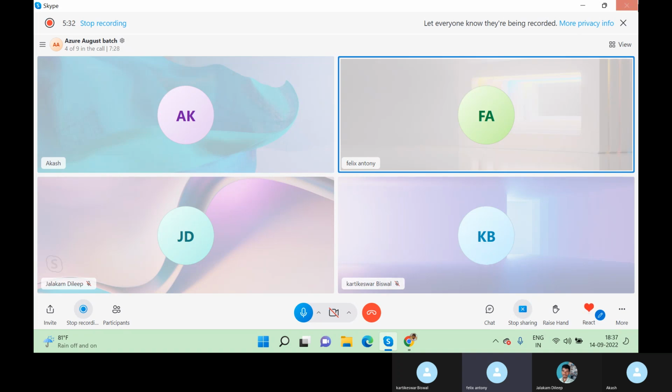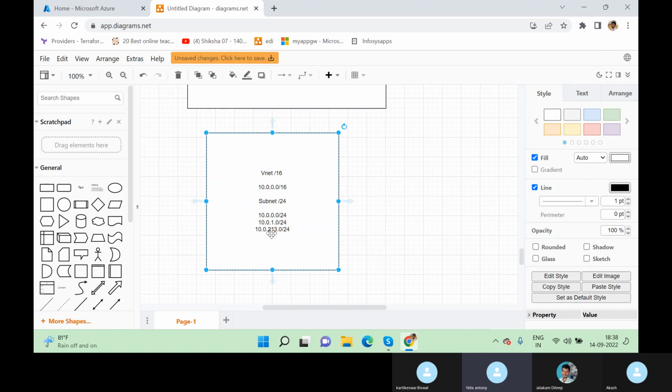Akash, I had a doubt. Okay, what is it, Felix? Here we are giving the VNet /16, and from that we are dividing into subnets, correct? 10.0.243.0 is a subnet of the /16 VNet. Then why are we giving /24 here?